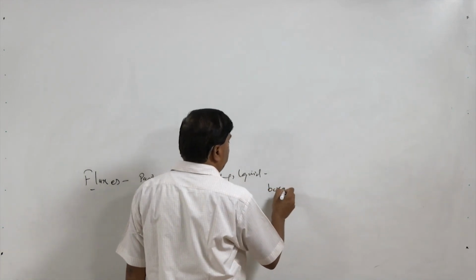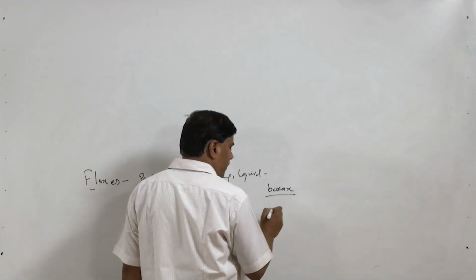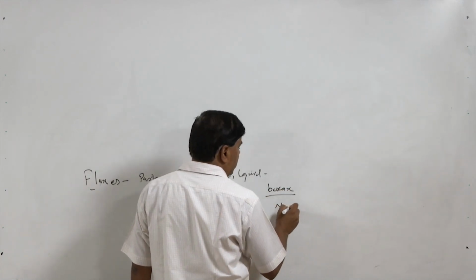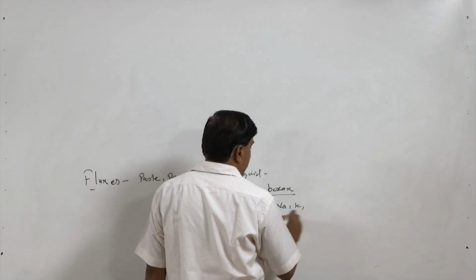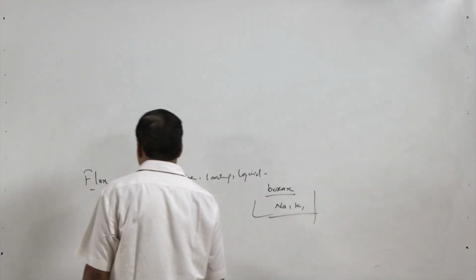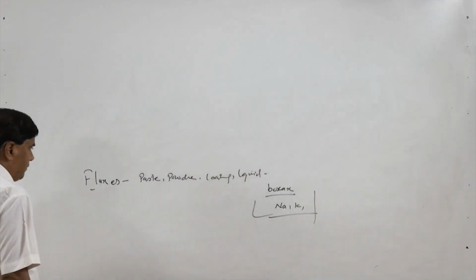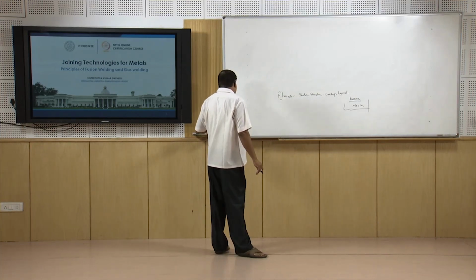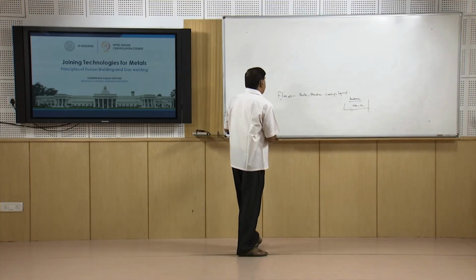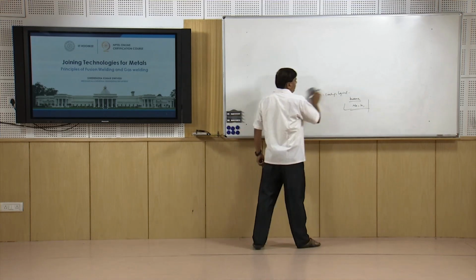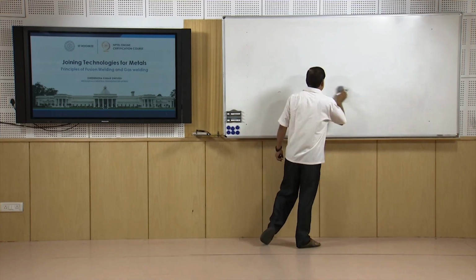Borax is one of the commonly used fluxes. These have elements like sodium, potassium, etc. that play an effective role in removing the impurities formed during welding.